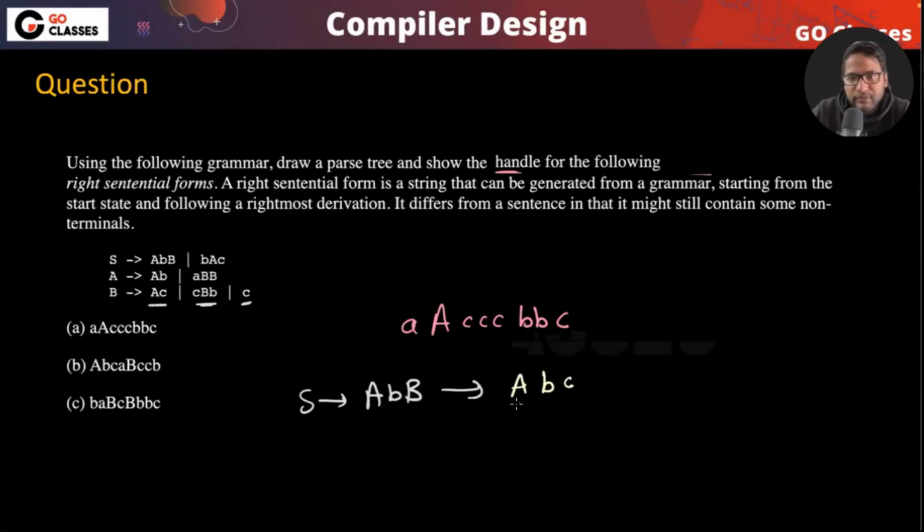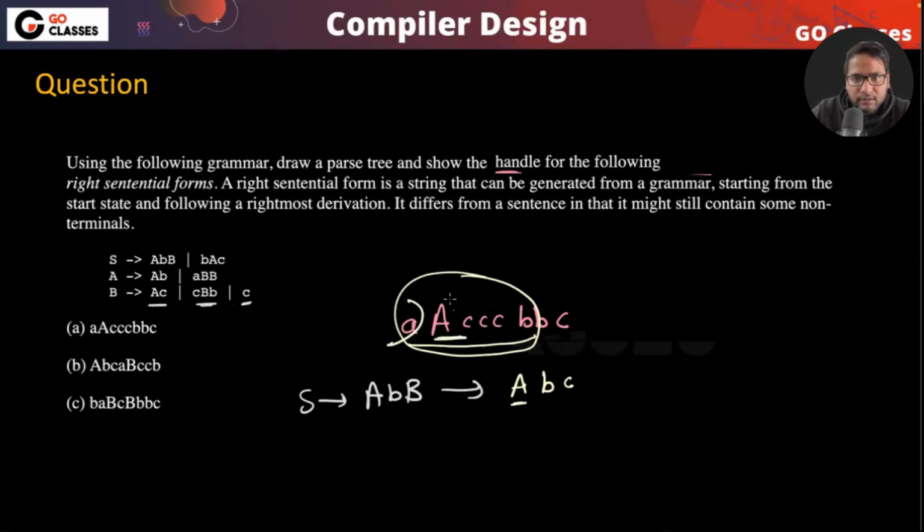Okay, this B is directly generating C. Now we have BC. Now from this A, we want to generate this whole thing, right? Can this be ABB? From this A, we want to generate this whole thing. So can this be A, and then BB?